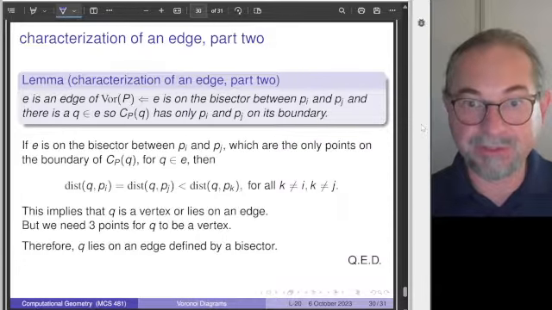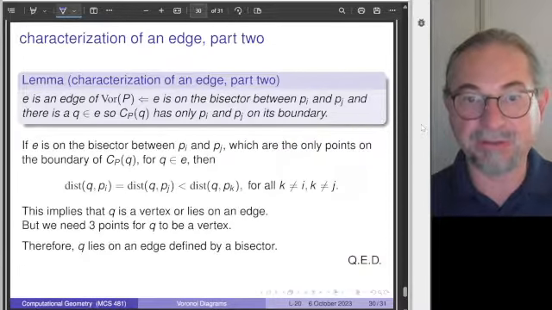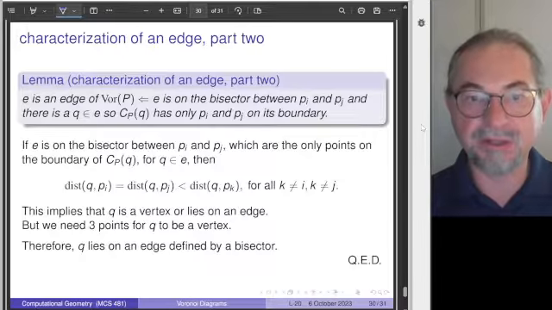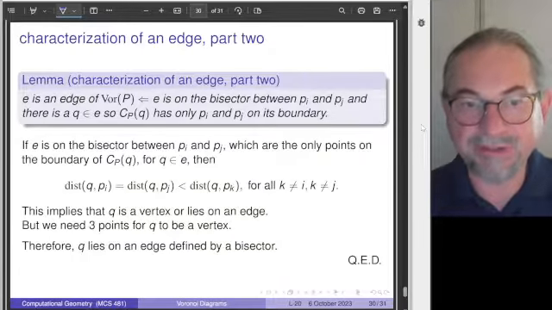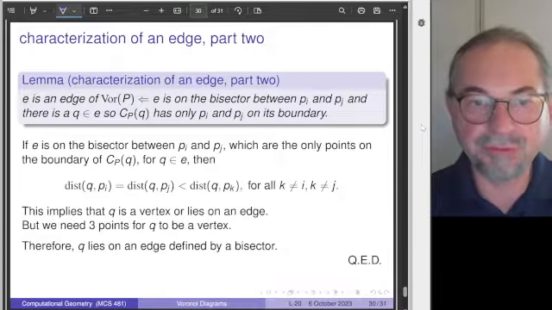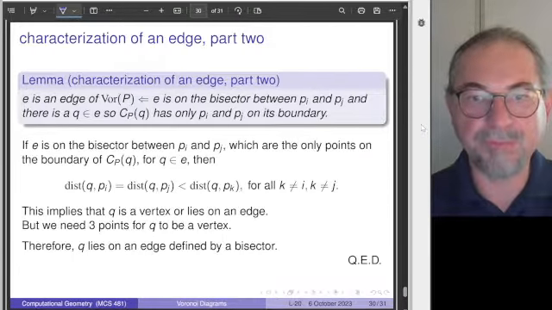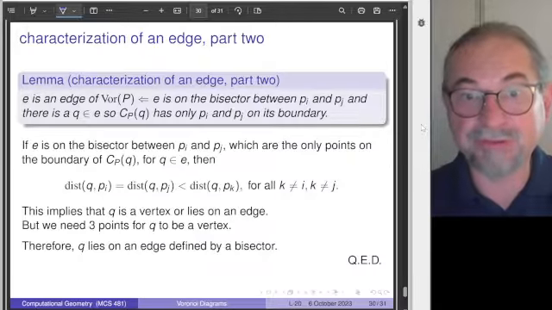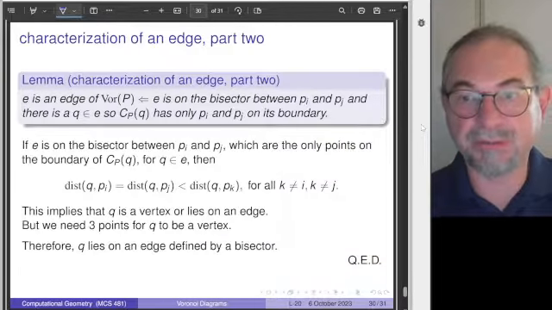It could be a vertex as well, but it lies on an edge. So assume now that we have an edge, so it's not a vertex because we would need 3 points and we only have 2. Therefore, that point lies on an edge defined by the bisector.